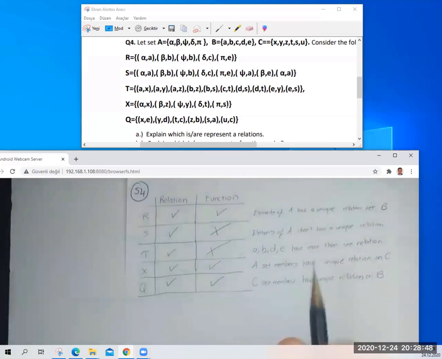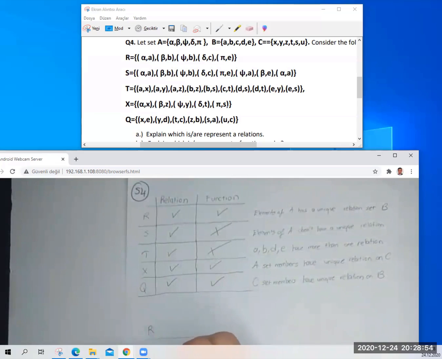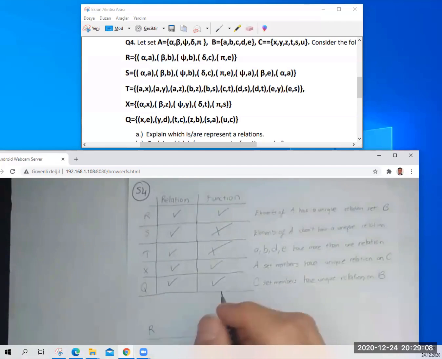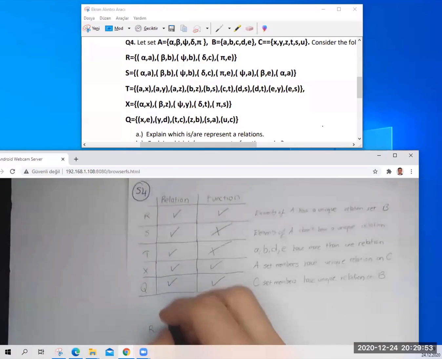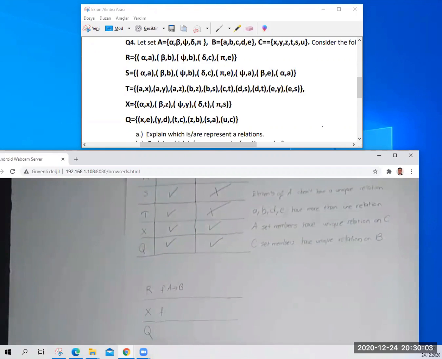R, X, and Q. Okay, R is a function. So this is a function from A to B, right? This is also a function.